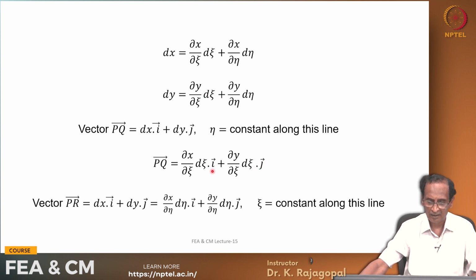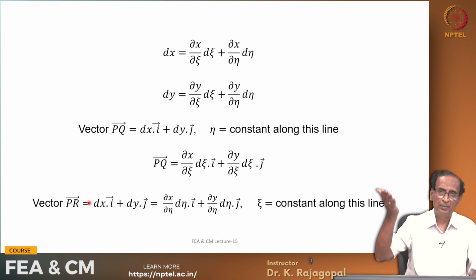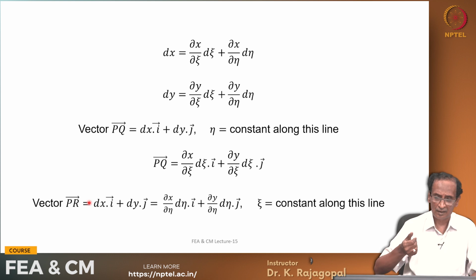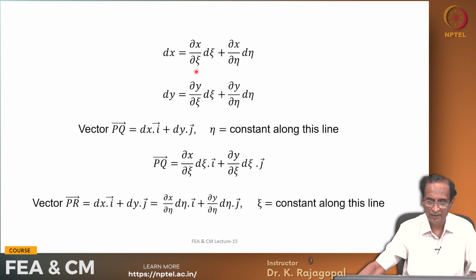Okay, and similarly along the vector PR, xi is constant. So d xi is 0, and we can write dx i plus dy j as dou x by dou eta d eta i plus dou y by dou eta d eta j.